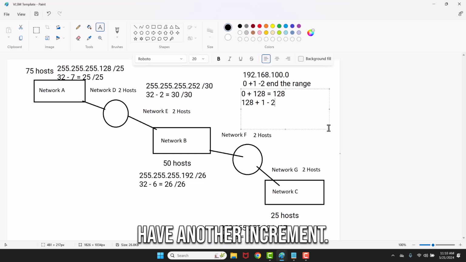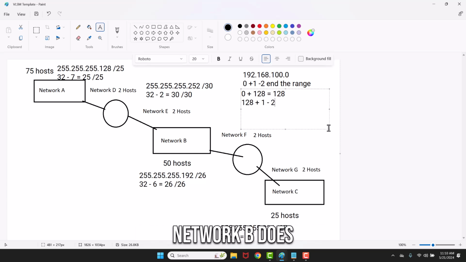But I now have another increment. Network B does not increment up by 128. It increments up by 64. So I'm going to take 128 and add to it 64, and the next network ID is 192. That will be the network ID for network C.